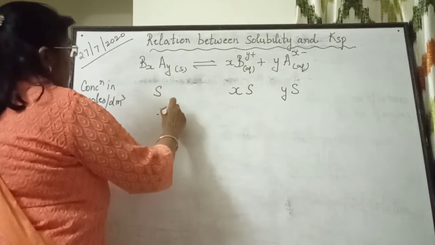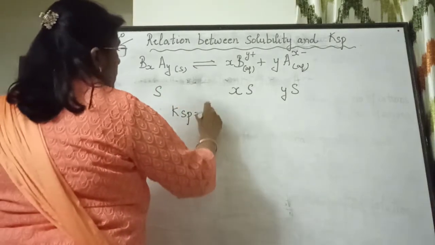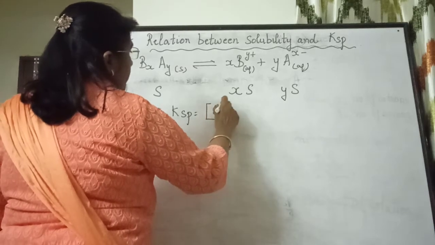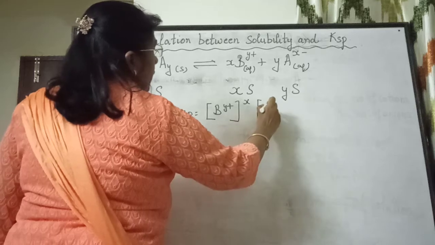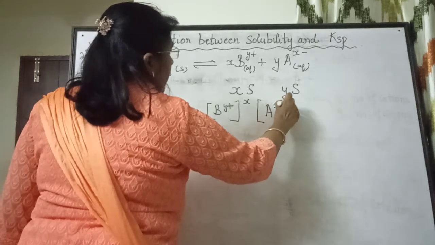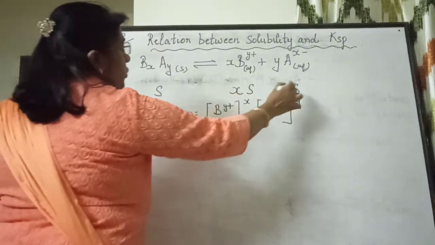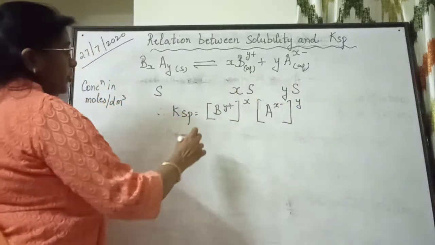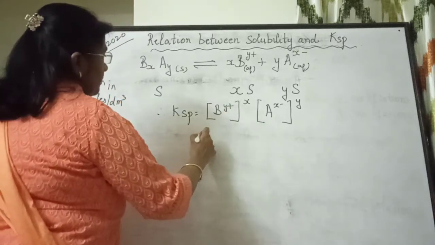Therefore, Ksp will be equal to concentration of By plus raised to x into concentration of Ax minus raised to y. Now substitute the values of concentration of ions.